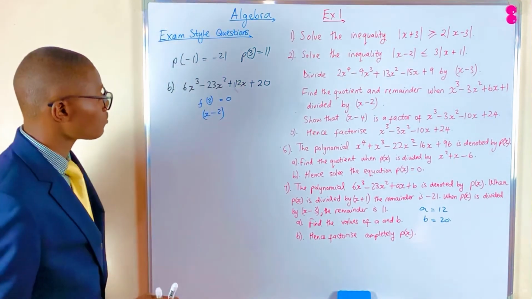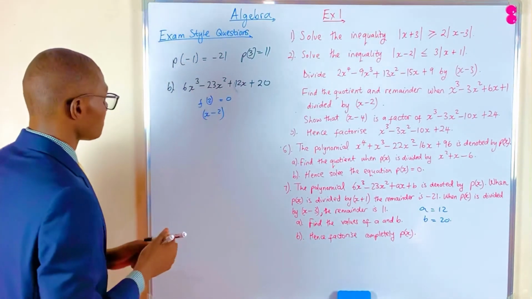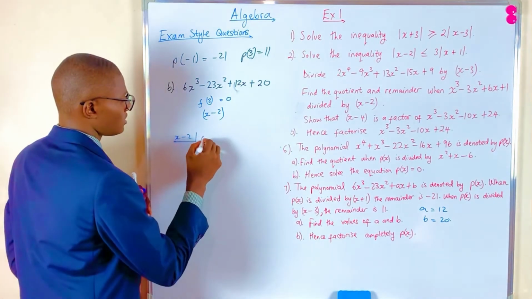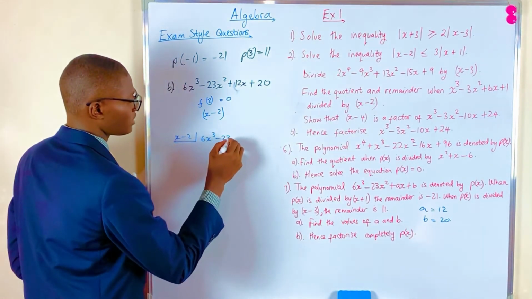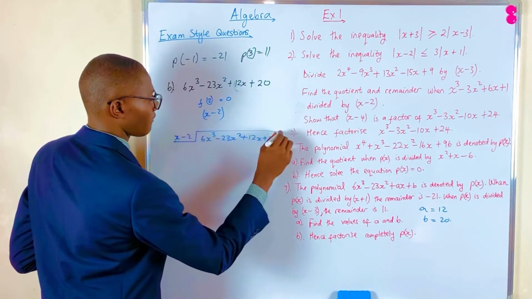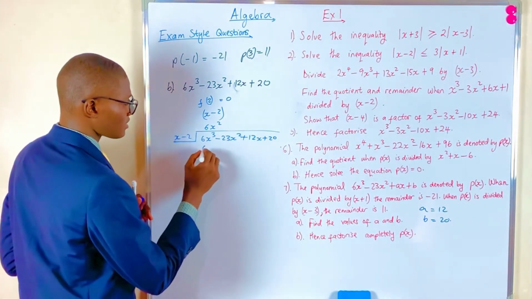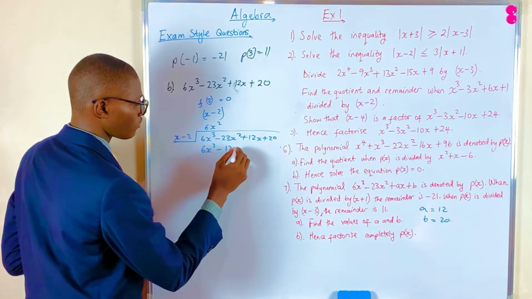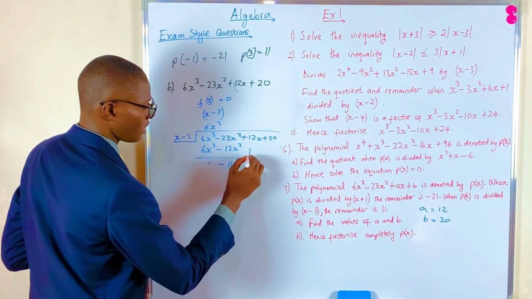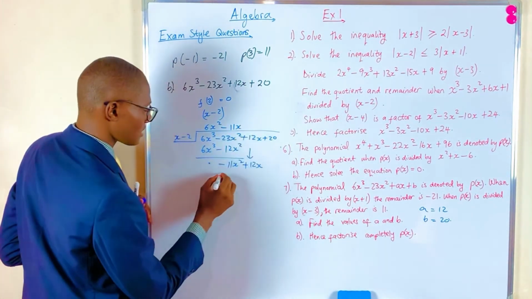So if x minus 2 is a factor, then we can use long division. So x minus 2 into 6x cubed minus 23x squared plus 12x plus 20. Then x here is saying 6x squared, then multiply, this 6x cubed minus 12x squared, then this will be 0, this is minus 11x squared, then we drop the plus 12x, then we've got minus 11x.